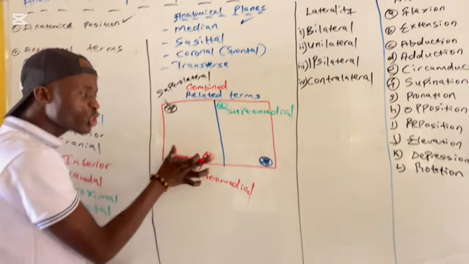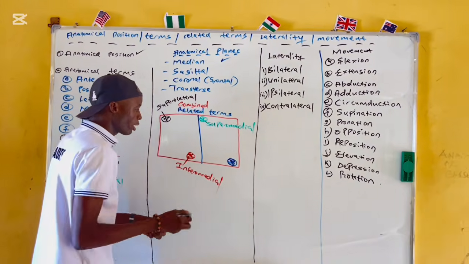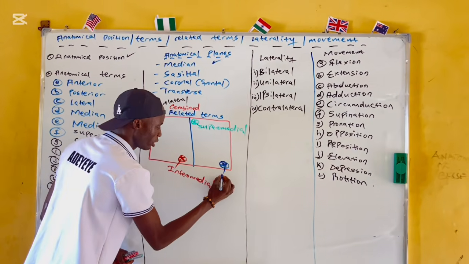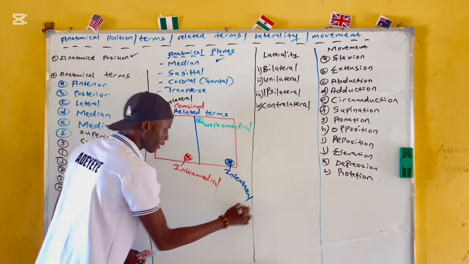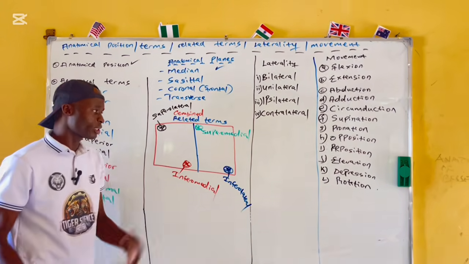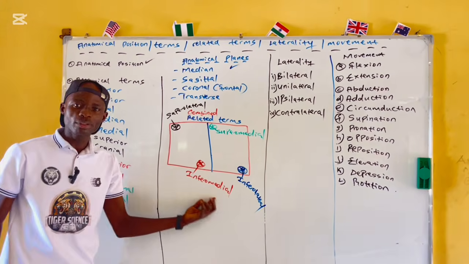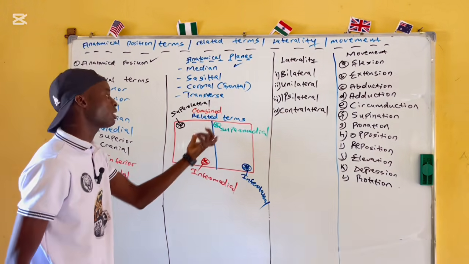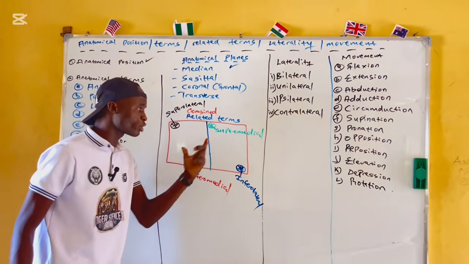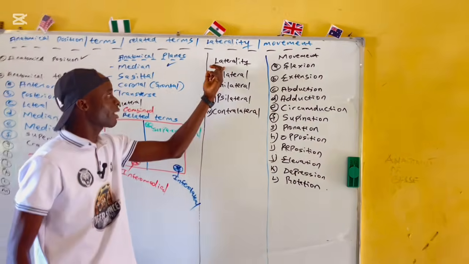Positional arrangement. And the last one we are going to see is inferior lateral. Class, I know you are getting what I'm saying. So with this, we know how they do positional arrangement in anatomy and how it is related and defined. So now let's see anatomical terms of laterality.